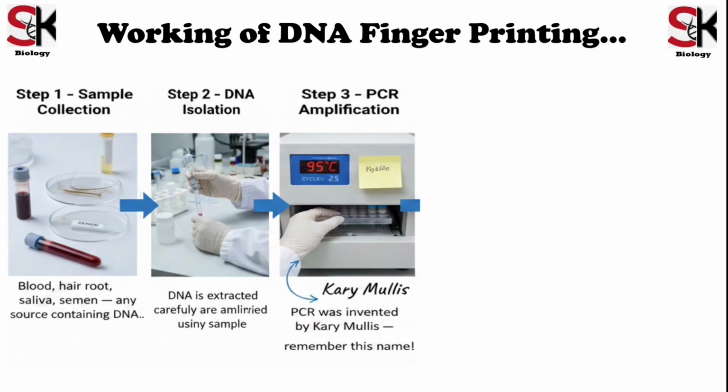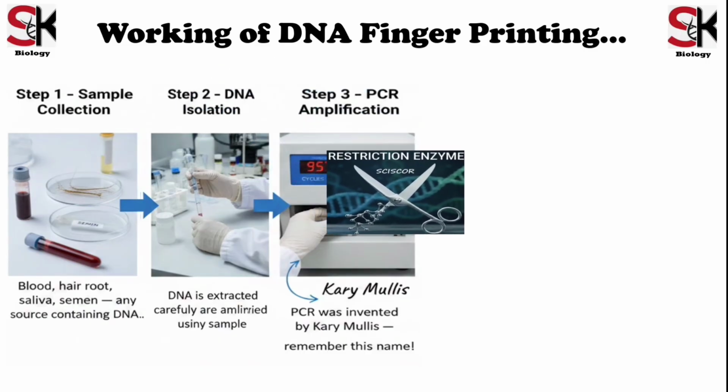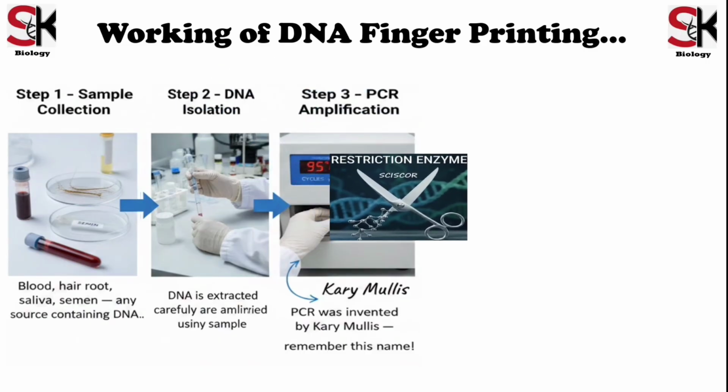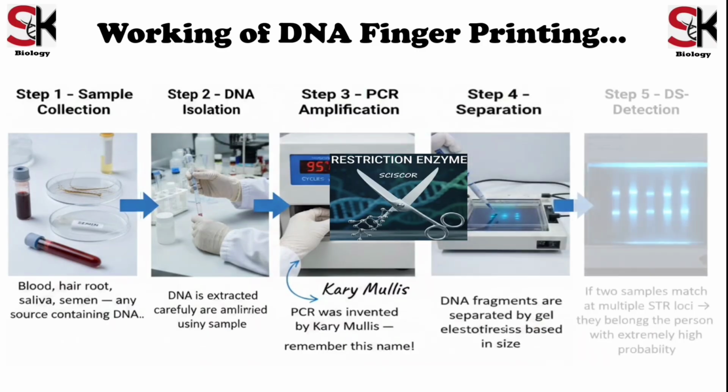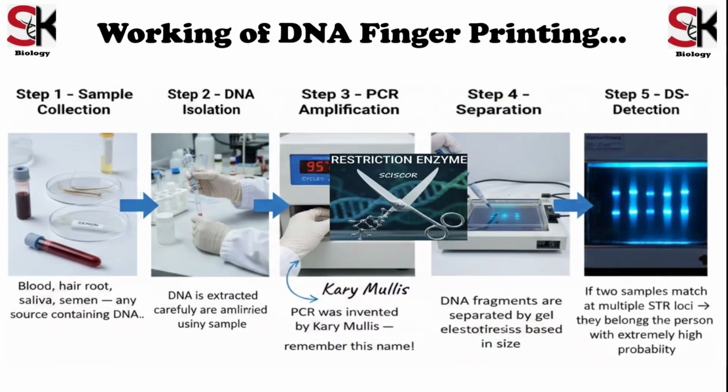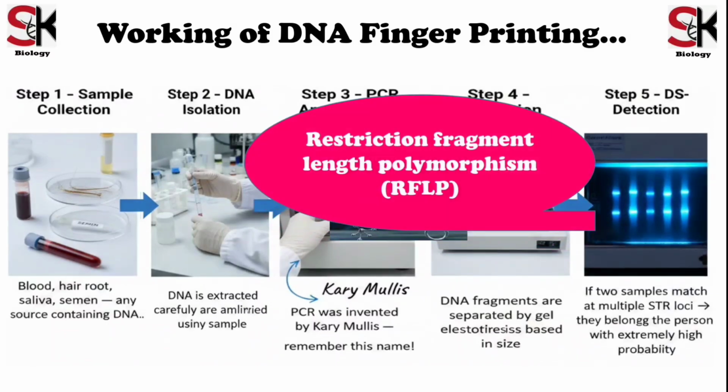After amplification, the DNA is fragmented in the next step with the help of restriction enzymes, and then the fragments are separated on agar gel to get the DNA pattern. The basis of the unique DNA pattern is restriction fragment length polymorphism, also called RFLP.